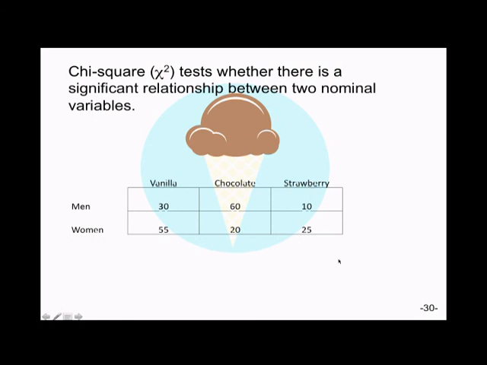So you can see in this example here, women are more likely to prefer vanilla and strawberry, and men are more likely to prefer chocolate. So a chi-square test would see if that's strong enough to be generalizable. So that's several of the most common statistical tests.